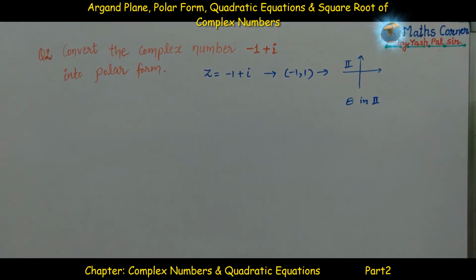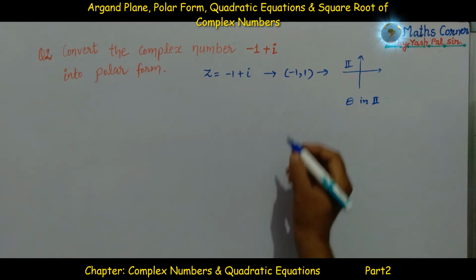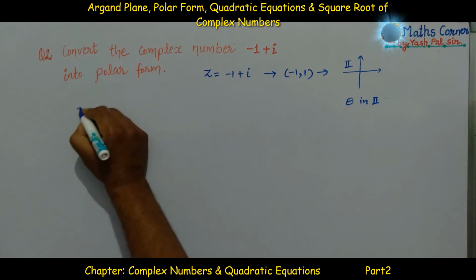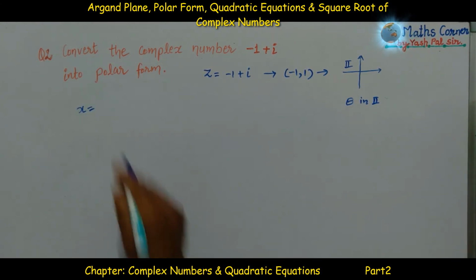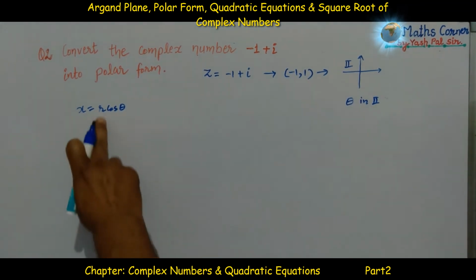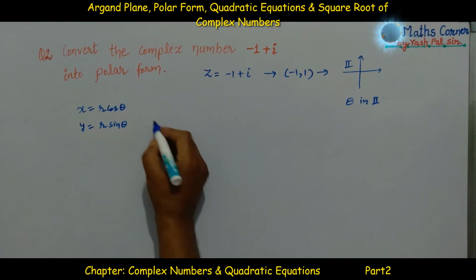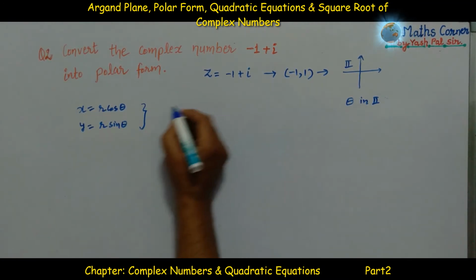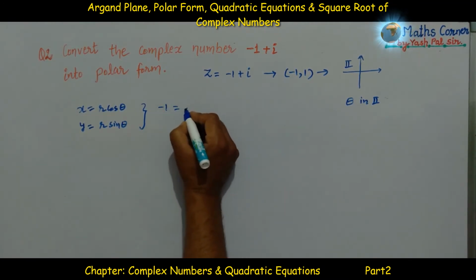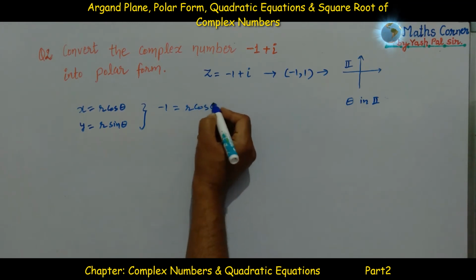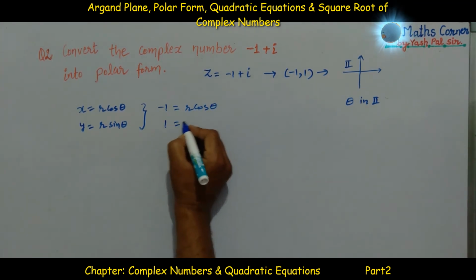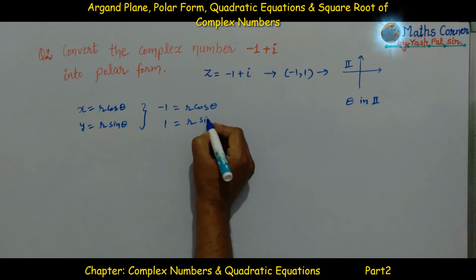Okay, so first of all we put x equal to r cos theta, y equal to r sin theta, and this implies that minus 1 equals r cos theta and 1 equals r sin theta.